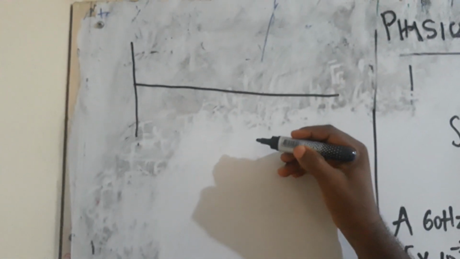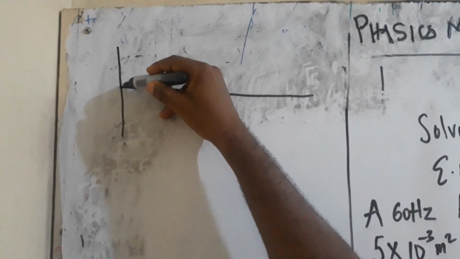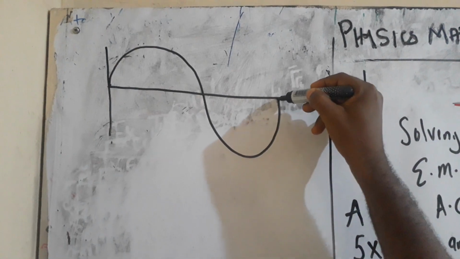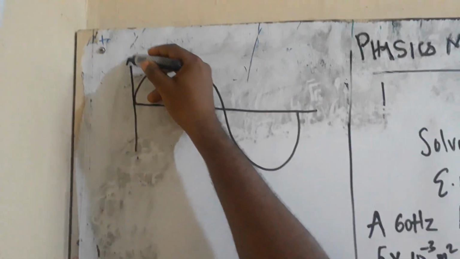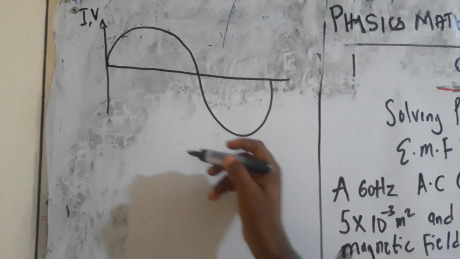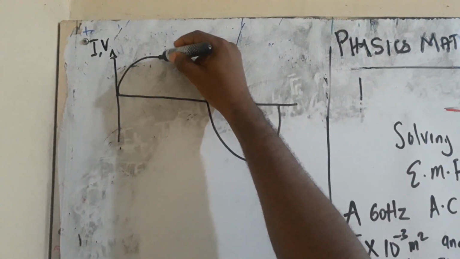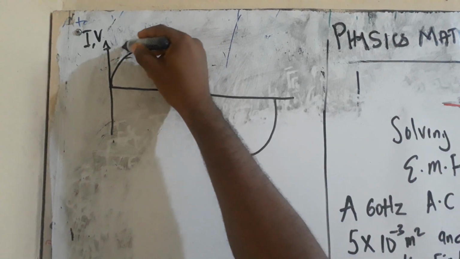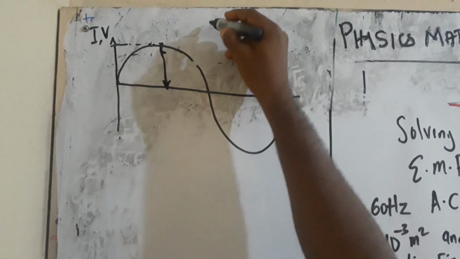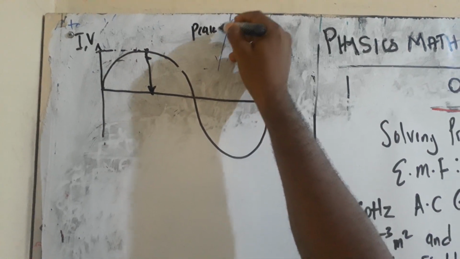In AC circuits, there are 3 categories of measurements of either current or voltage. Now, if we take a value of the voltage up to this level, that value that we measure is called the peak value. Peak value.